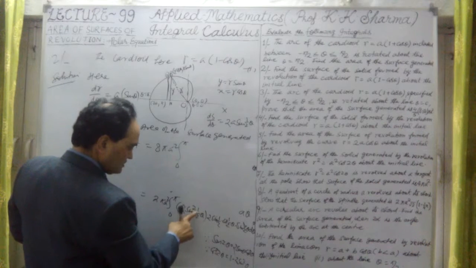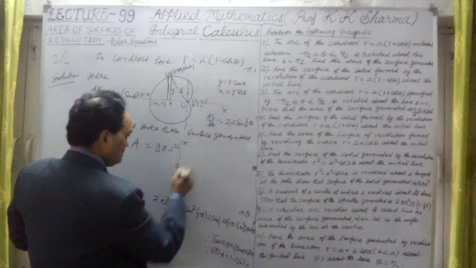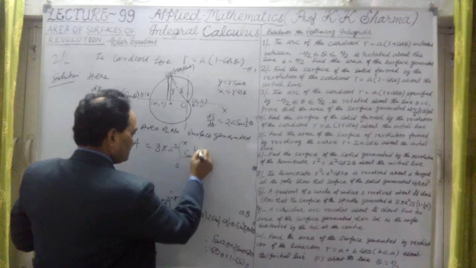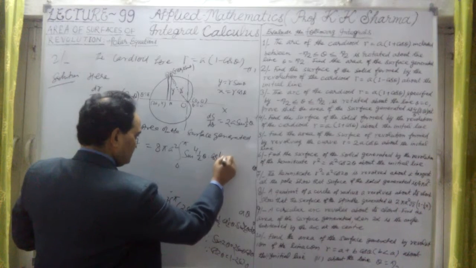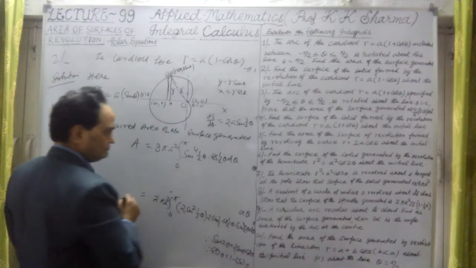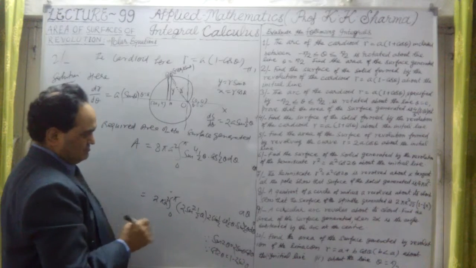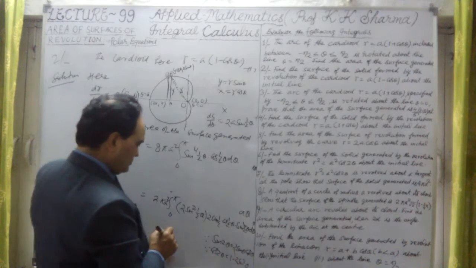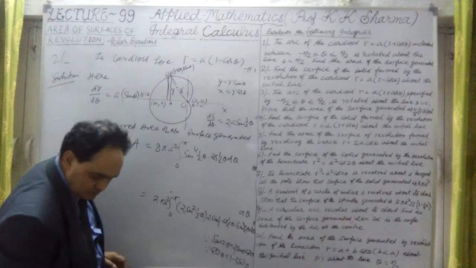This is now sine half theta, sine half theta, sine half theta, sine half theta. There are 4, so it is sine raised to power 4 half theta into cos half theta d theta. Now if I put half theta equal to something, it can be solved by gamma function.